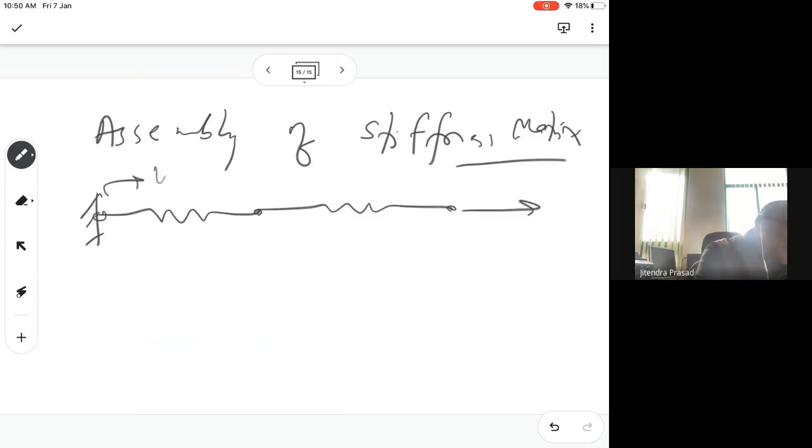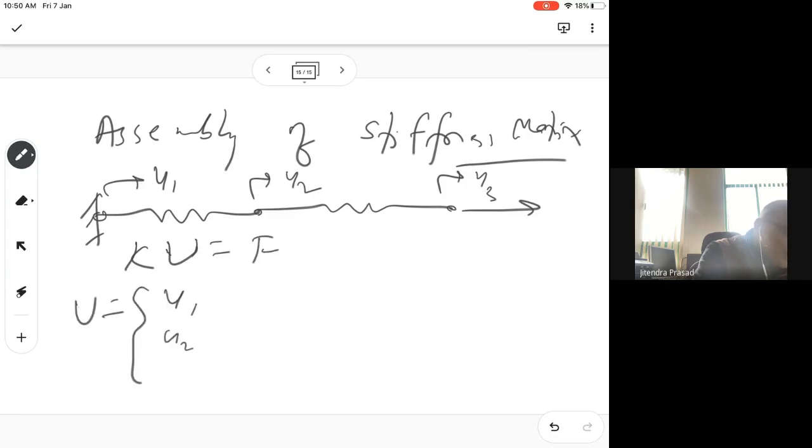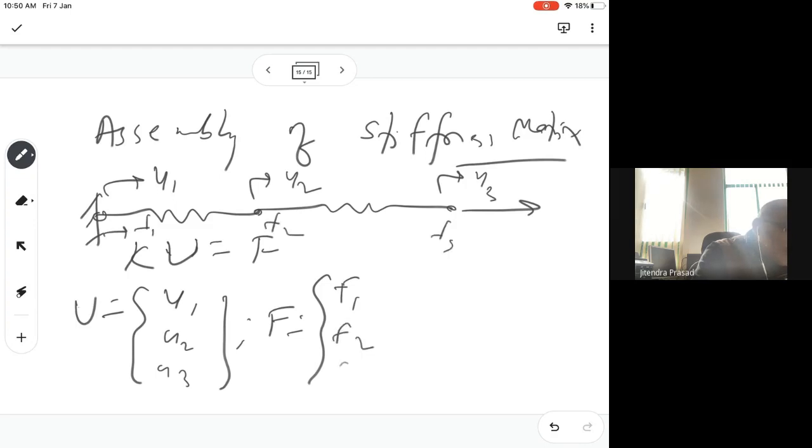Of course, this will be U1, this is U2, this is U3. We have to write KU equal to F. U is easy, you can write U1, U2, and U3. F is easy, you can write F1, F2, F3.